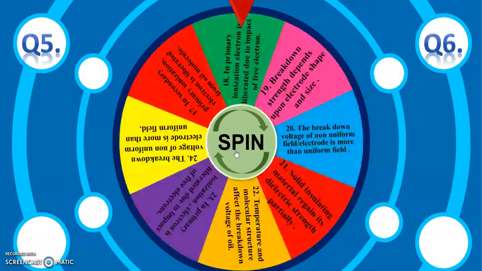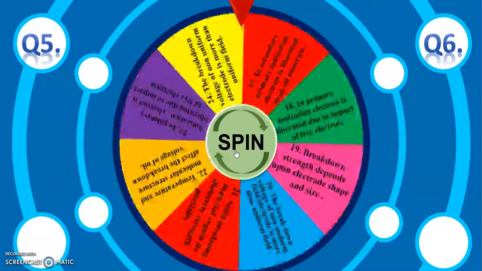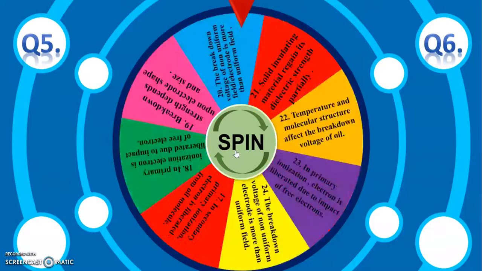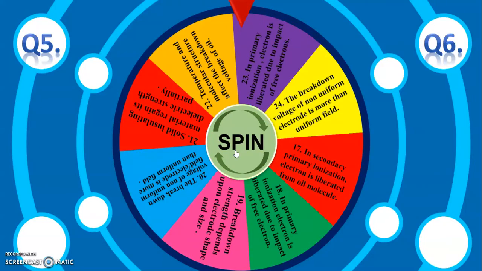Okay, repeated question. Yes, Swaraj Singh says stop. Question number 23: in primary ionization, an electron is liberated due to impact of free electrons. Okay, Shreyas said true and it's correct. Now should I spin again?